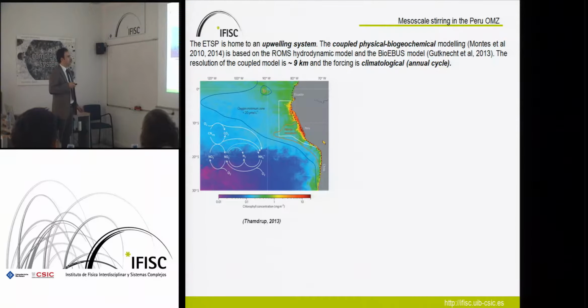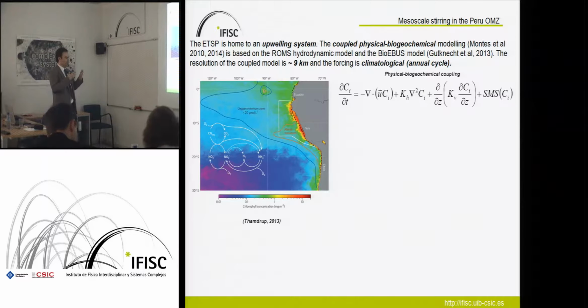So we look at this area to study, and again we use the data from our collaborators and colleagues at Lagos, who very kindly provided the hydrodynamic data and also the biogeochemical data for this study. The data is climatological, so it's an annual cycle.